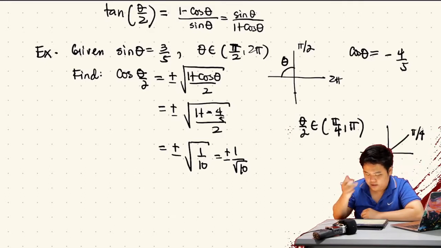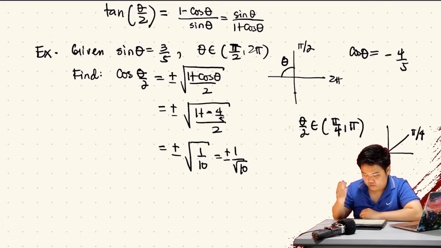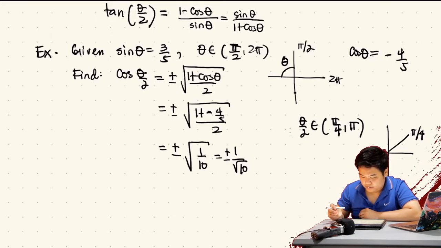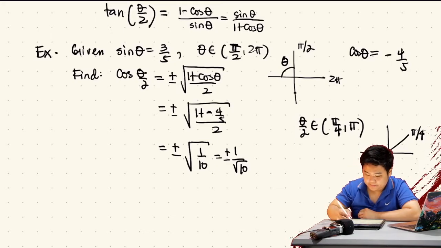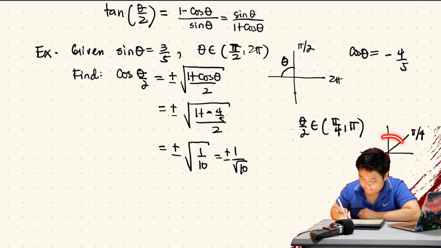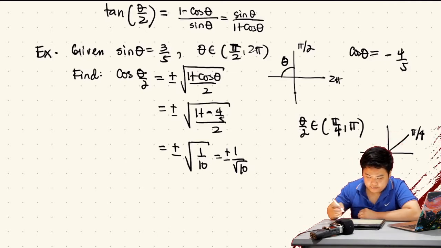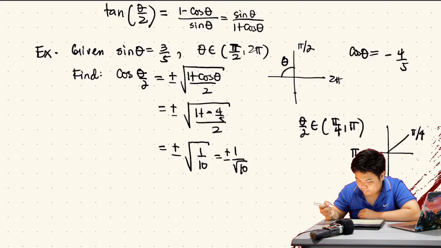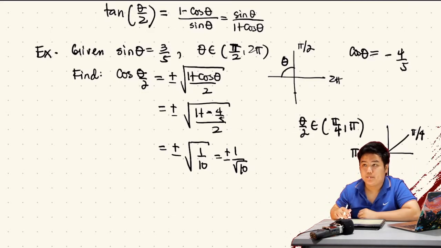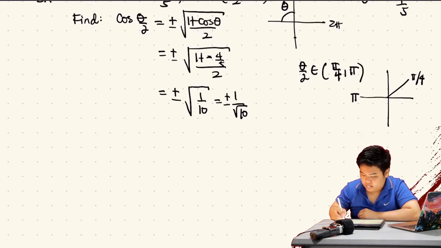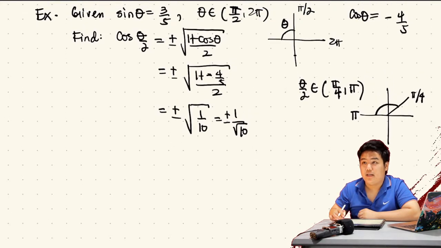Pi over 4 to pi. Kasi pi, no? Wala ba typo to? Okay, so somewhere andito daw si theta over 2.